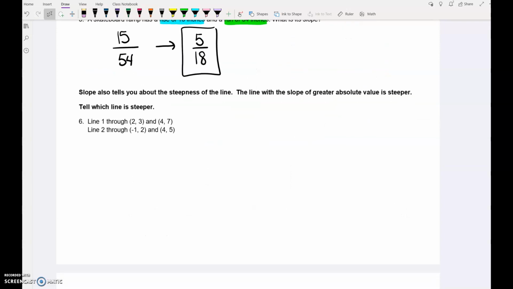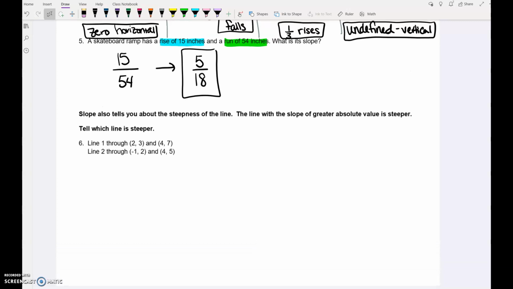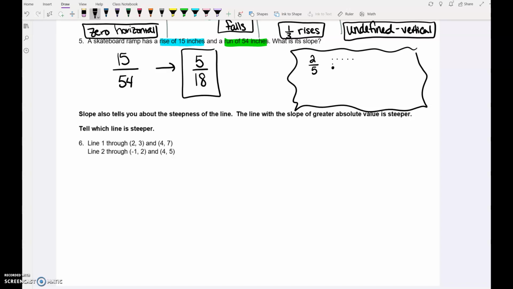Okay. Slope also tells you about the steepness of the line. Remember that slope is rise over run. So I'm going to do a little extra thingy over here. Think about a slope of 2/5. That means if we've got 1 point, to find the next point, we would rise 2, run 5.